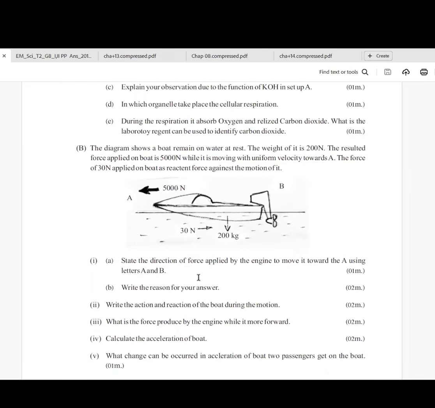State the direction of force applied by the engine to move it towards A, using letters A and B. Answer: towards B. The engine is applying the force towards B. That's why the boat is going towards A. Write the reason for your answer.